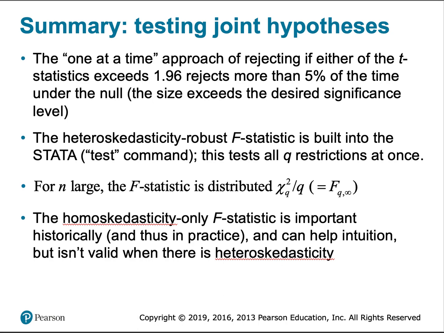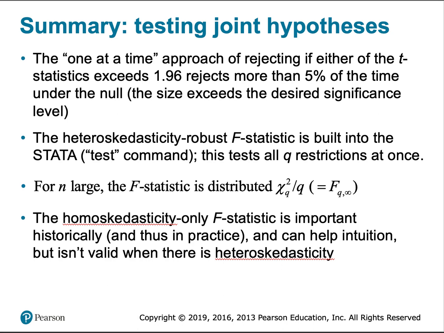The heteroscedasticity-robust F-statistic is built into Stata. This is the test command that you all now know, and this tests all q restrictions at once, so it's very easy to implement. You just write test and then all those variables, and we will discuss later in class not only how to test restrictions that the coefficients are equal to 0, but other kinds of restrictions.